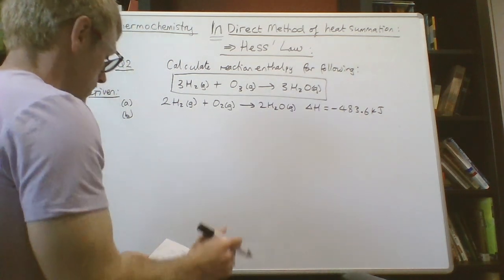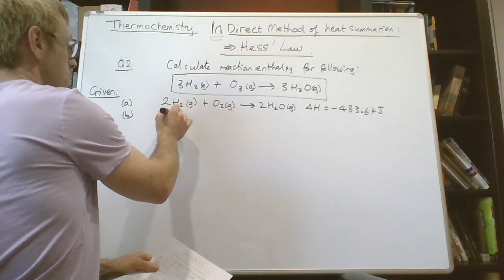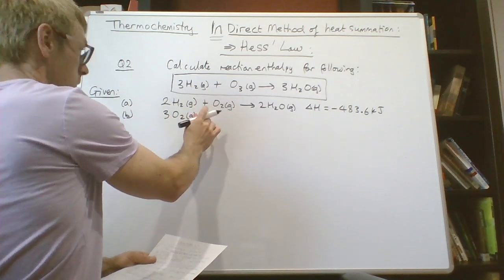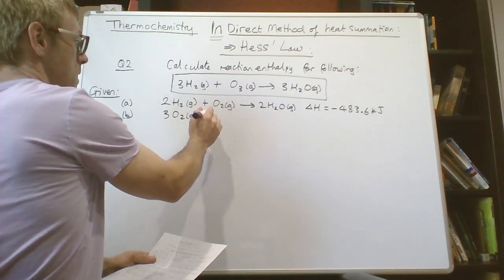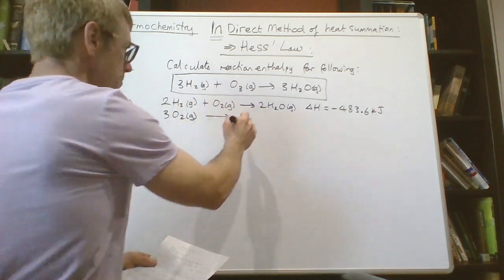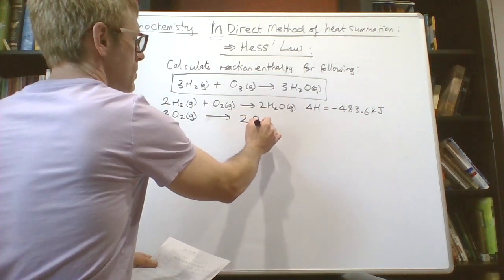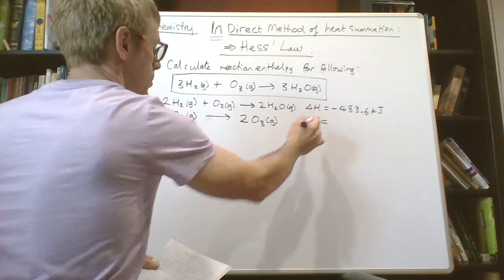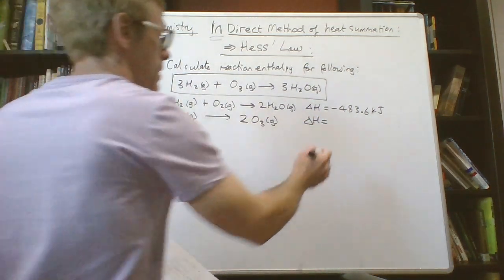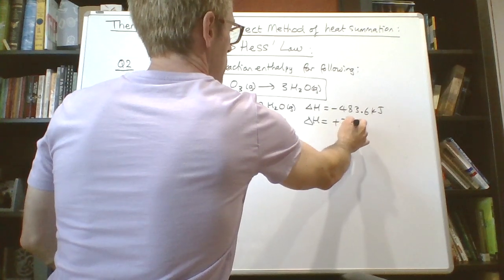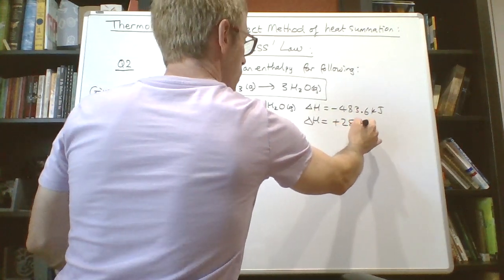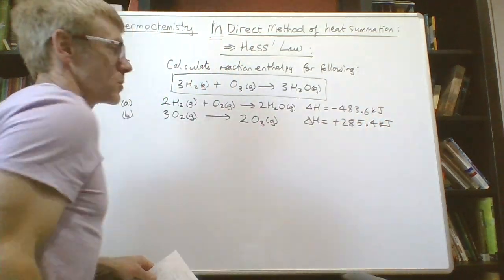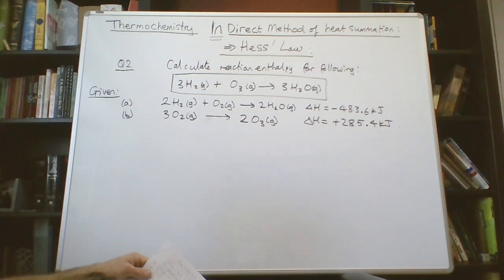We're also given information about oxygen. We're told that 3 lots of oxygen can, well, actually cannot come together, can just directly produce 2 lots of ozone. And we're told that this enthalpy change is positive 285.4 kilojoules. So that's the information we're given.